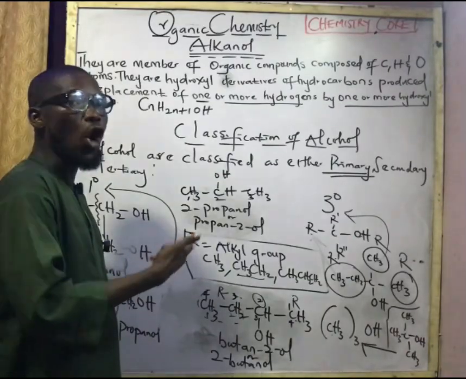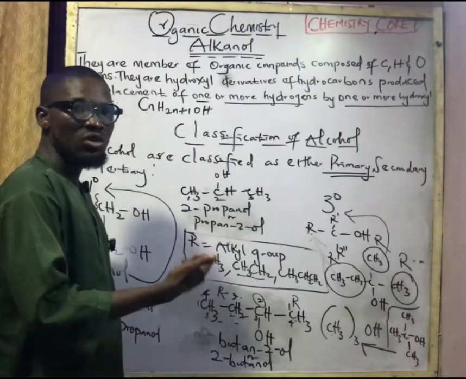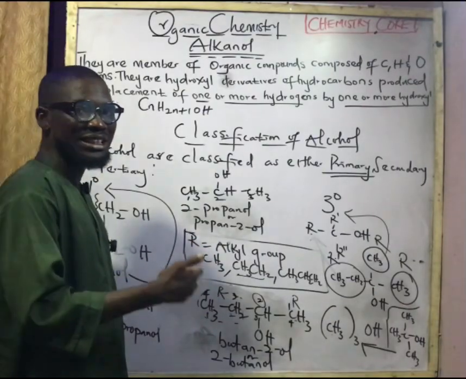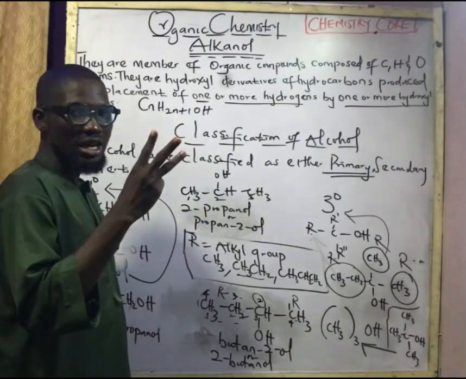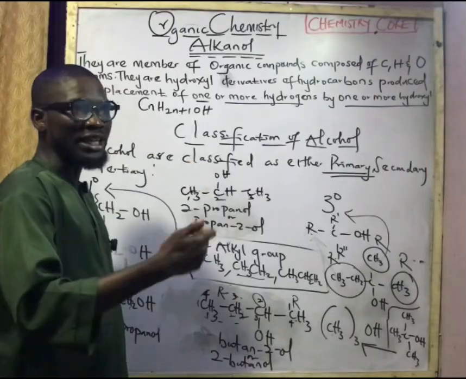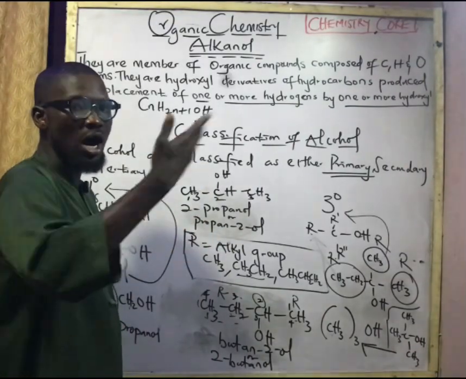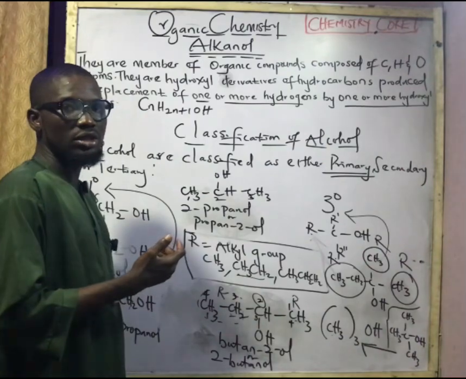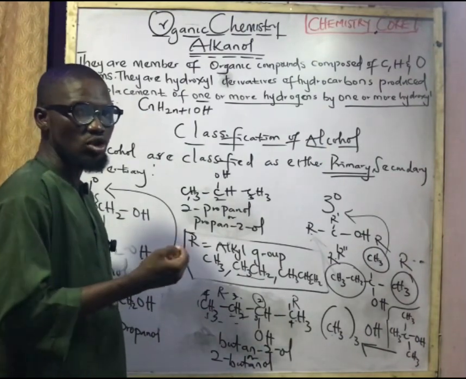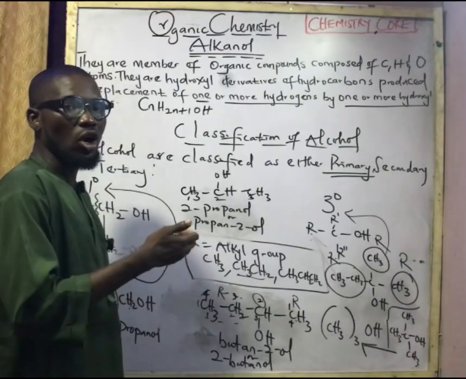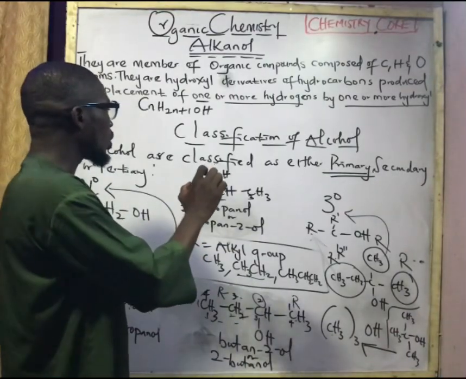Either we call them the diols or we call them glycols. While the trihydric are attached with 3 hydroxy groups, which we call the triols, and the last one is polyhydric. More than 3 hydroxy is attached when it comes to polyhydric. And the last one is the classification of the alcohol.